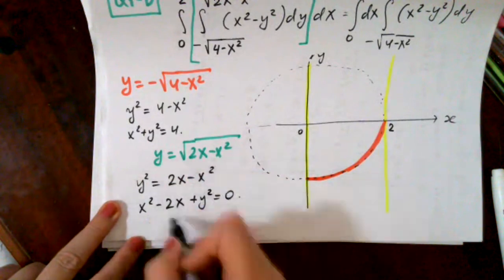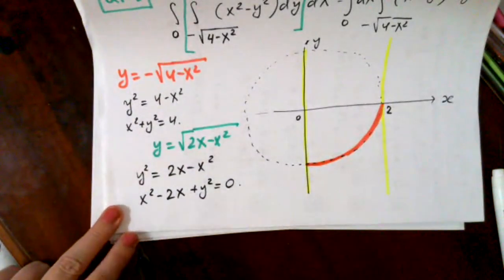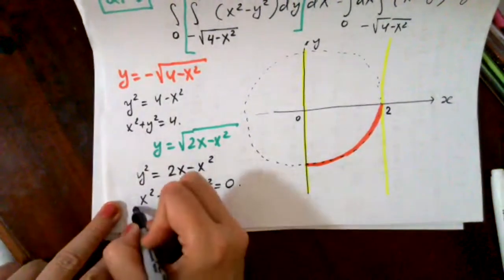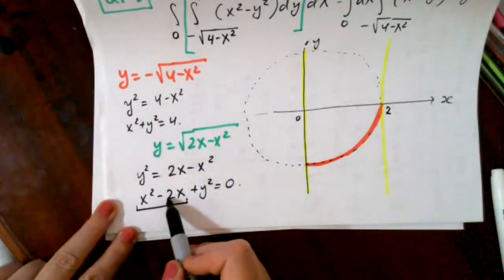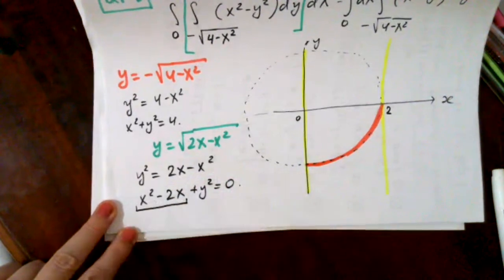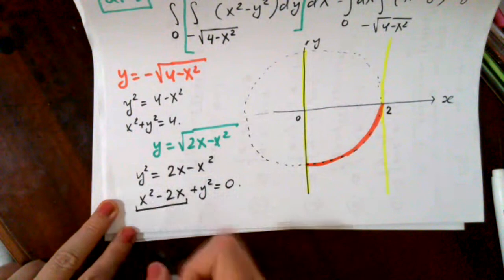But you know what? This time it looks like we are in trouble. It doesn't look like an equation of a circle at all. But we can consider these two x terms, and we realize that we are missing just one term to make this expression a perfect square.